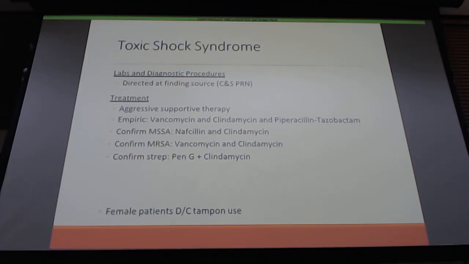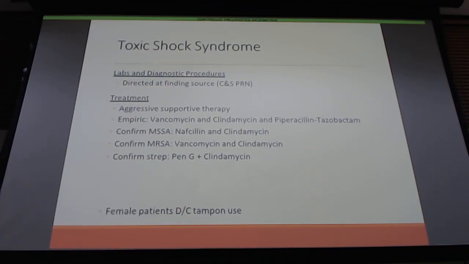So aggressive supportive therapy, and then empirical therapy, and that will be vancomycin, clindamycin, and piperacillin-tazobactam. So we're using three for empiric. Once you get the culture sensitivity back, you can back down and figure out if it's MSSA, then you give nafcillin and clinda; MRSA, vanco and clinda; and if it's strep, then penicillin G and clinda. That way, you wait for the culture sensitivity to come back to be able to say specifically, this is what I'm going to use.